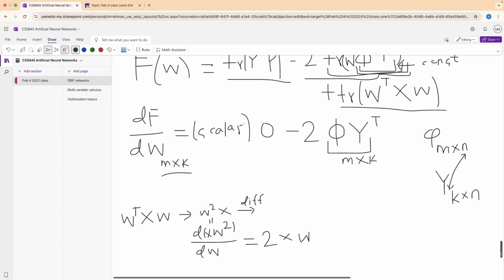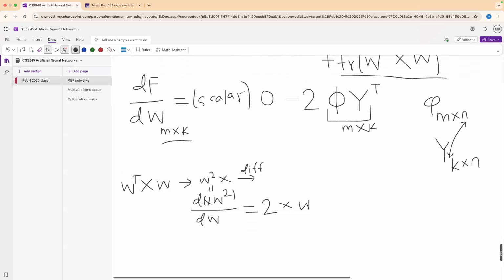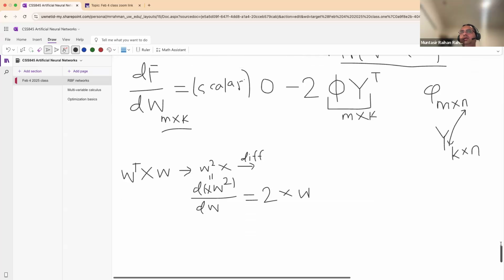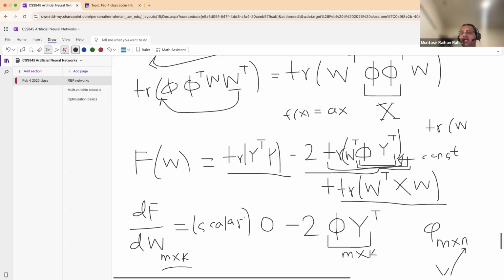And quick question. Why do we simplify it to w squared x from w x w? Because of the kind of dirty trick here, and we'll do a more rigorous way of this in next class. When we are trying to differentiate, we are differentiating the trace of matrices with respect to a matrix. The rule for that is complicated. So for now, we are first thinking of them as scalars.